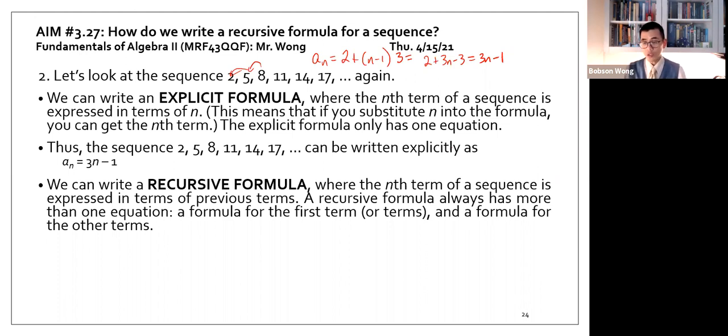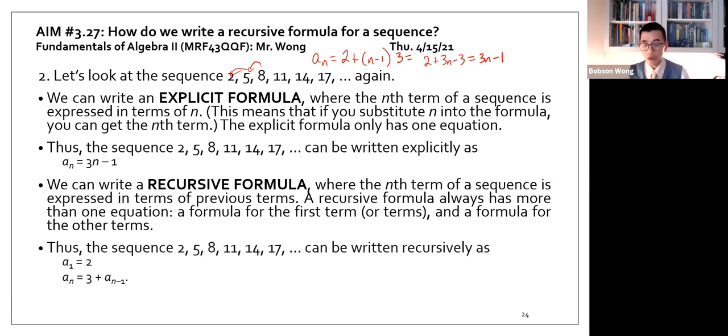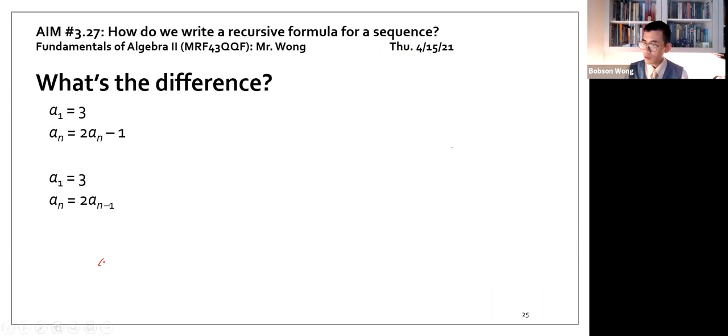The first equation is that a sub 1 equals 2, because that is our starting point. And the next equation that we have to say is that a sub n is equal to 3 plus a sub n minus 1. Now, this is what this means.